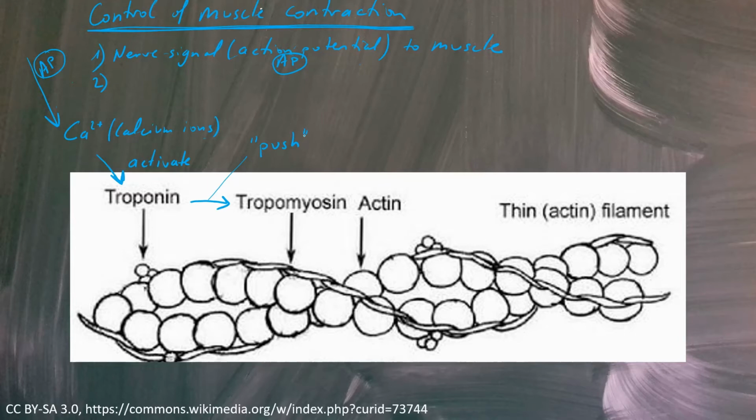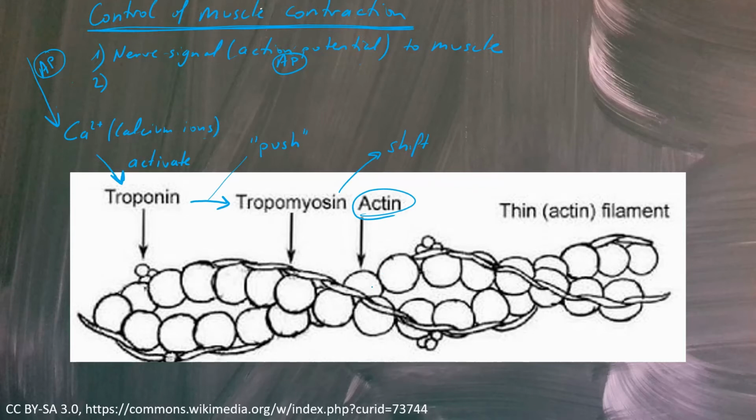Maybe push is not the right thing, but maybe you get the idea. The troponin activates the tropomyosin, which will then move, and by moving, it will expose certain binding sites on the actin.